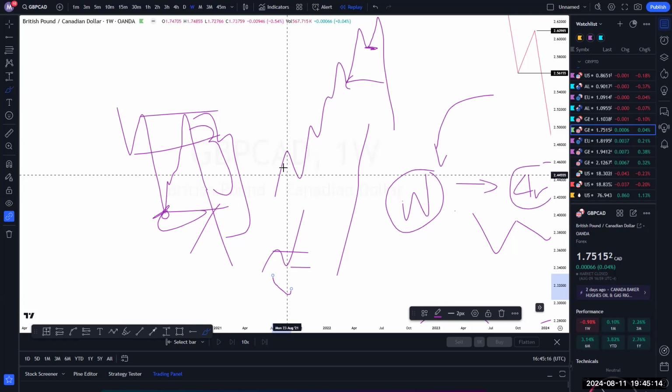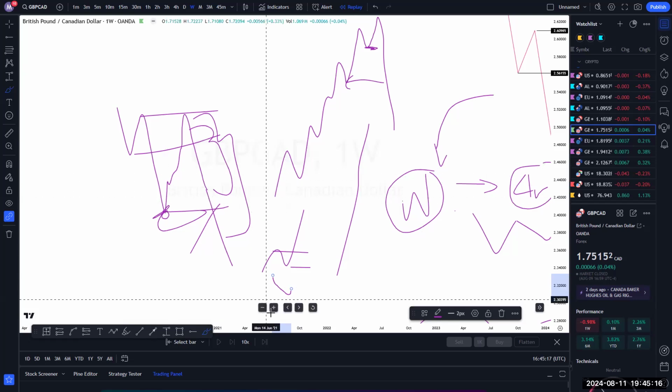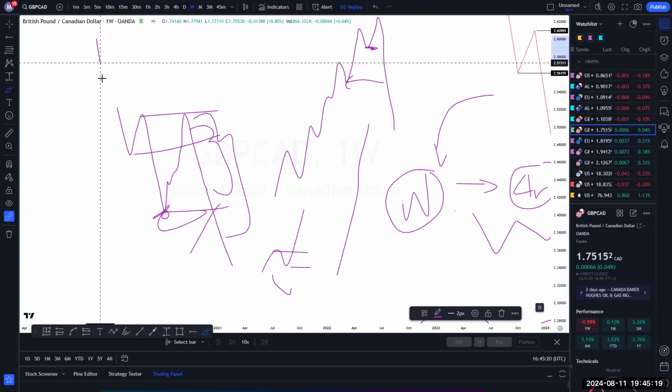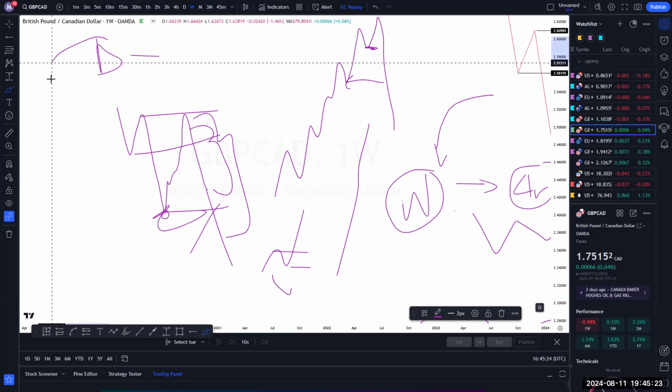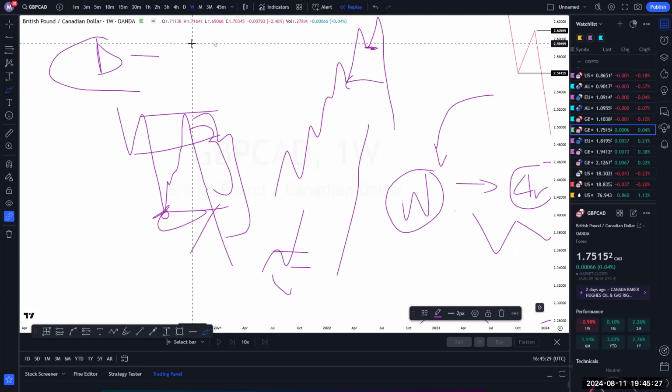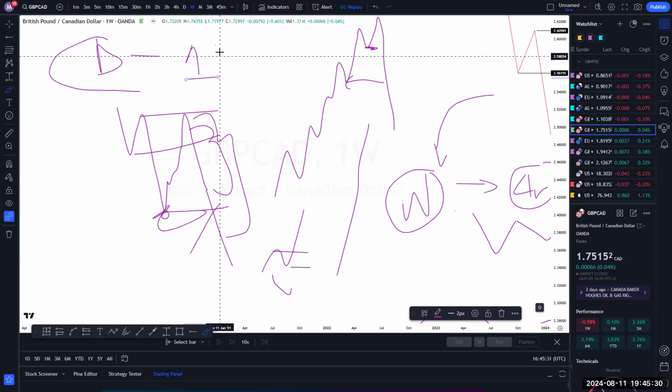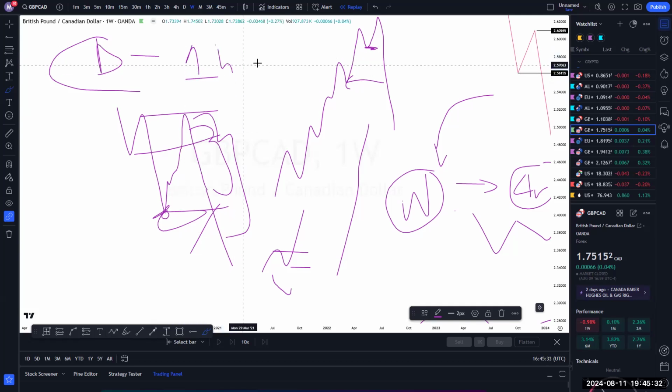Someone who would like to look for scalping trades, we're definitely going to use the daily cycle, the daily, the 1 hour and 15 minutes.